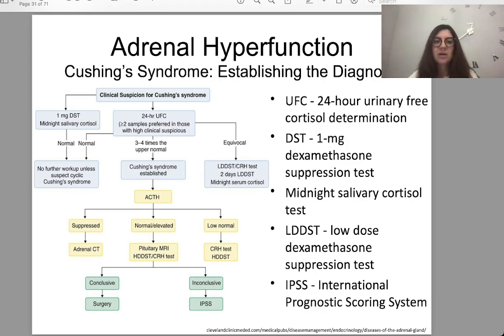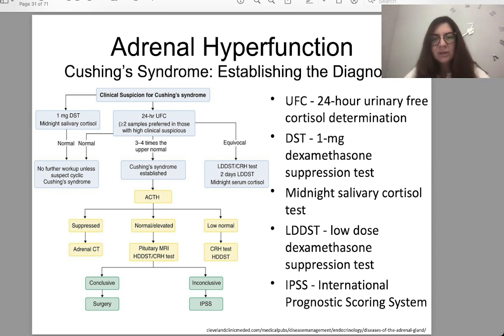Establishing. What can we see here? You see on this slide, it is an algorithm of establishing a diagnosis of Cushing syndrome. What tests do we use? First, it is 24-hour urinary free cortisol determination, or UFC.